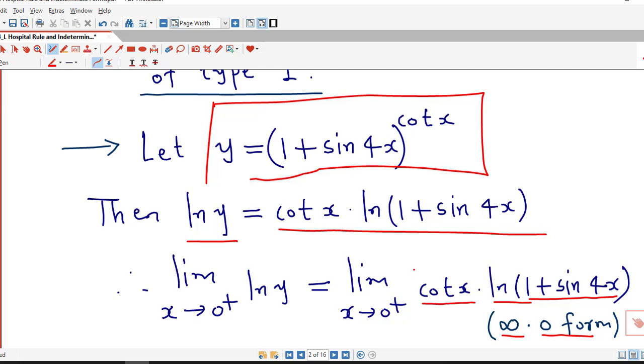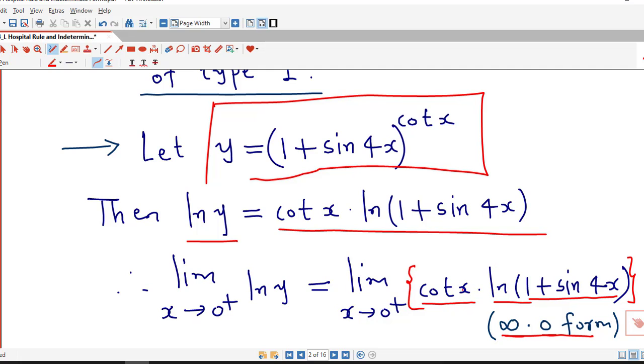Therefore this is an indeterminate form of the type infinity into 0. As we have discussed in previous lectures, we cannot apply L'Hospital rule for this type of indeterminate form. Therefore we have to convert it into either 0 by 0 or infinity by infinity.